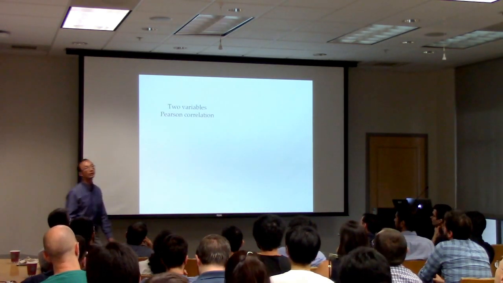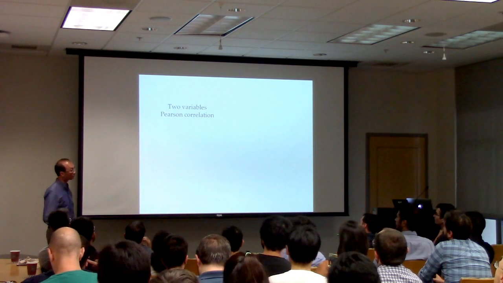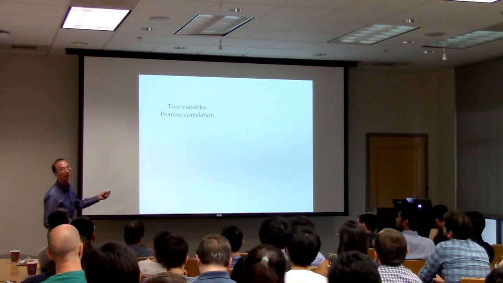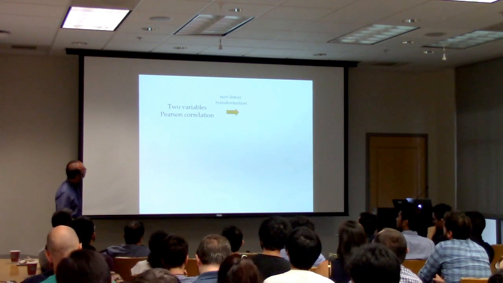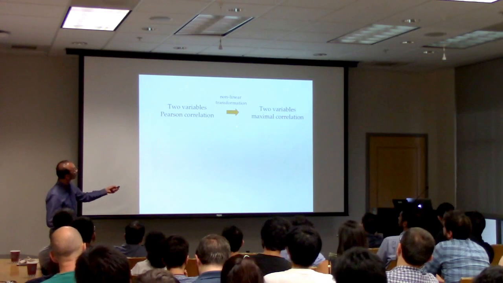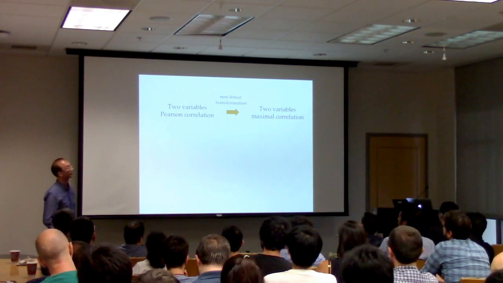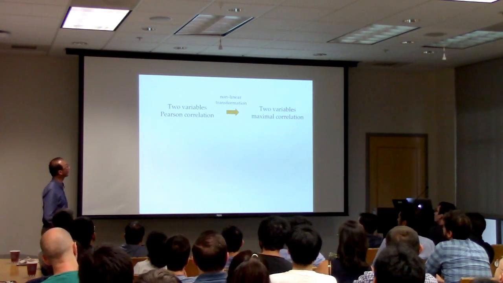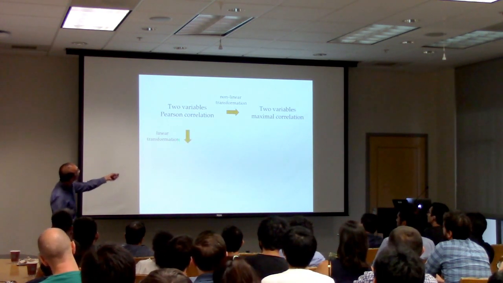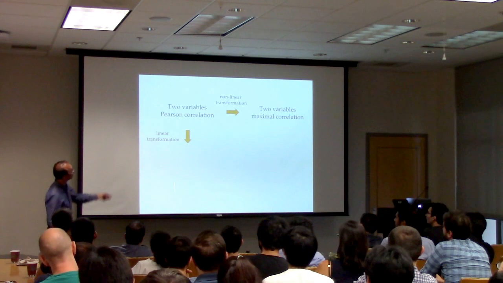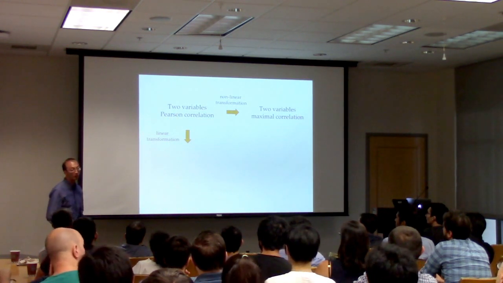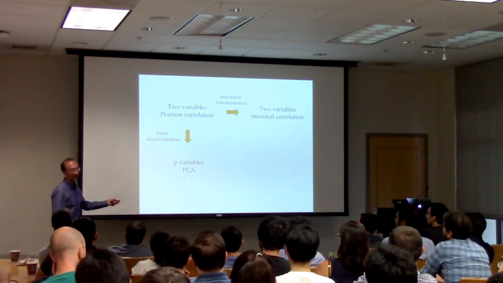So here's the commutative diagram, as the algebra people would call it. I start with two variables, Pearson correlation. If I consider nonlinear transformation, I get two variables, maximum correlation. This is due to HGR in the mid-1900s. If I go downwards here and I keep the linear transformation, but I extend from two variables to p variables, I get PCA.